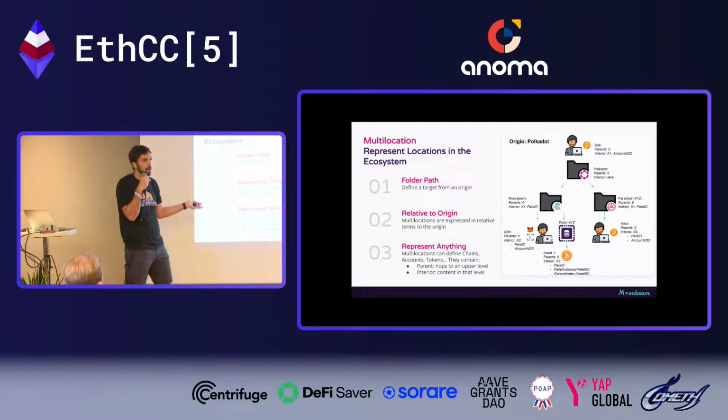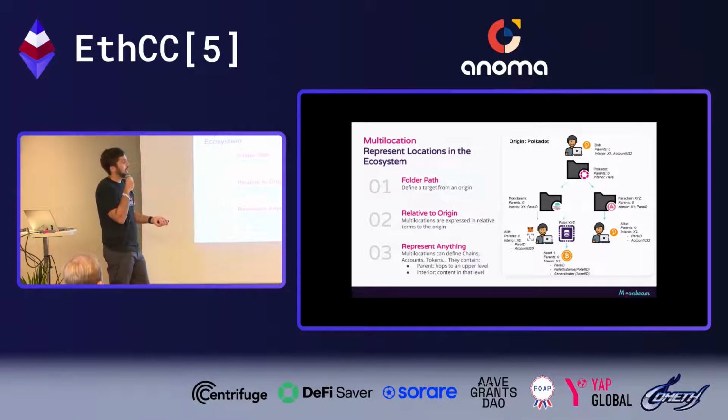Let's say it's like a smart contract, but not. And so basically you can say, okay, I want to target Moonbeam parachain ID, the following pallet, even though it's not a smart contract, and the following asset, right? So you're targeting a token inside Moonbeam, inside Polkadot, right? So this is a 3-step process in this case, all right?